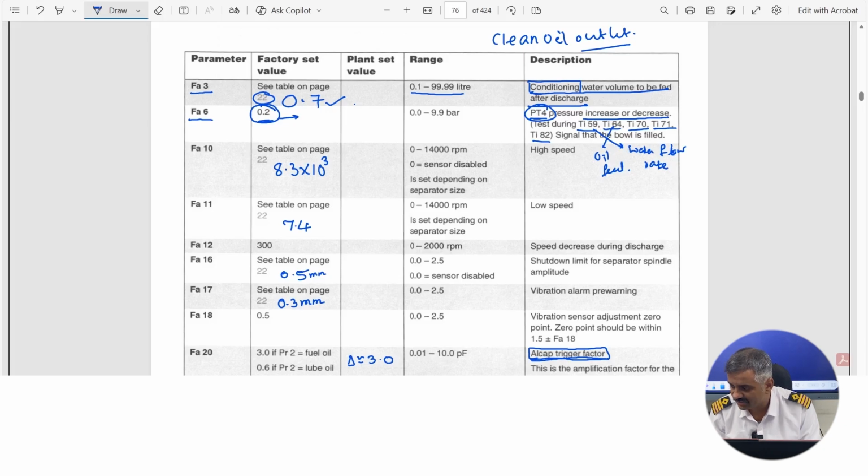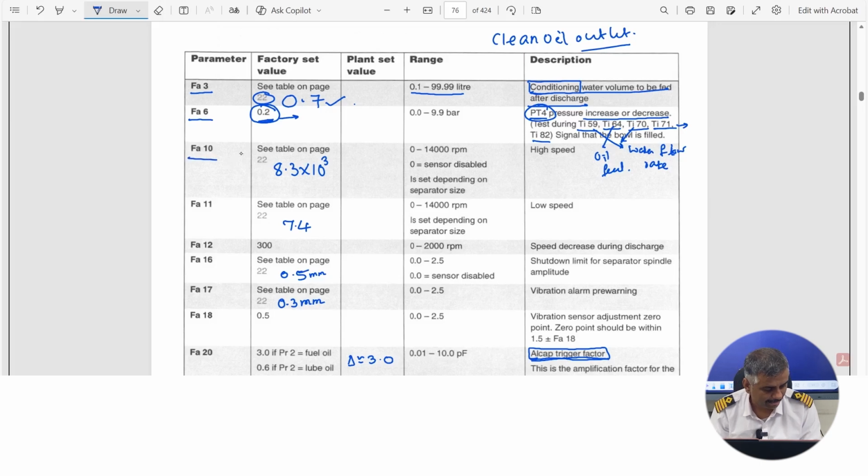So this process is about the oil feed, then oil feed off, then 71 is oil displacement before dislodge, and 82 is about the heater off. Basically here we are talking about the initial discharge process. The conditioning water has to go inside the purifier and fill the bowl, and the minimum pressure has to be maintained at 0.2 bar.